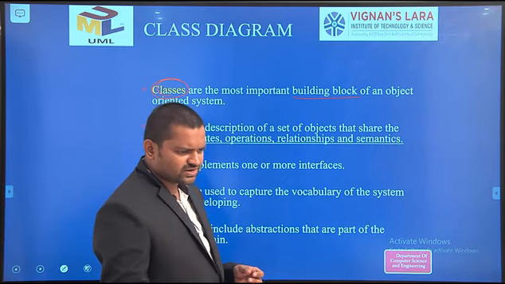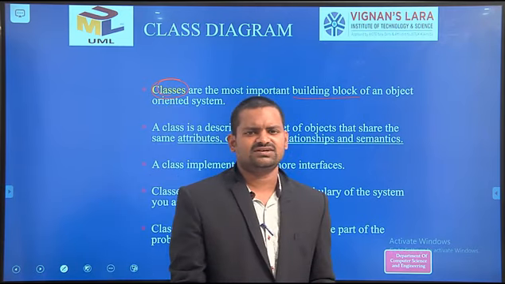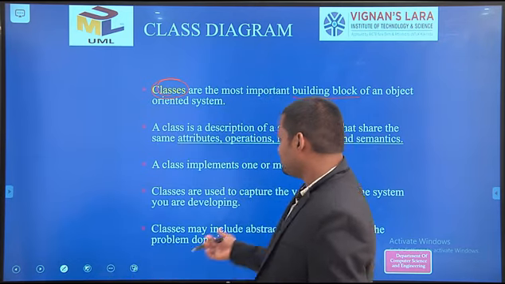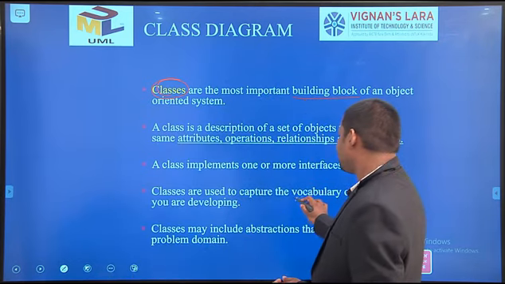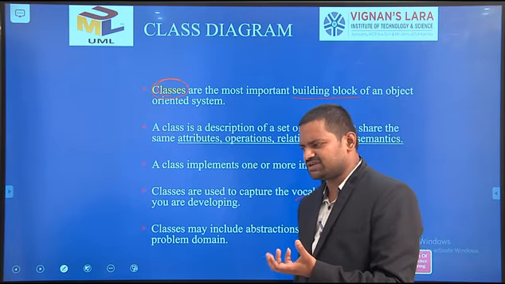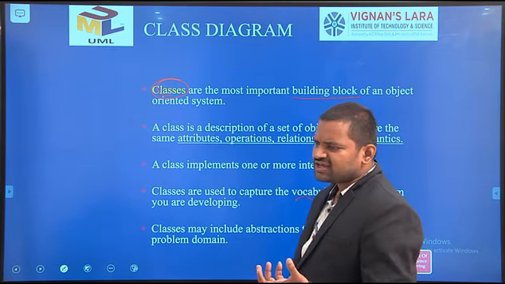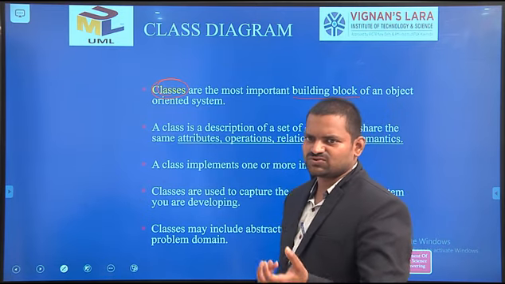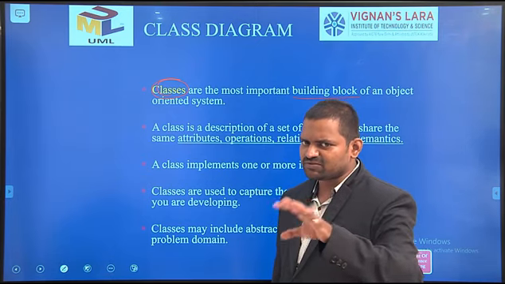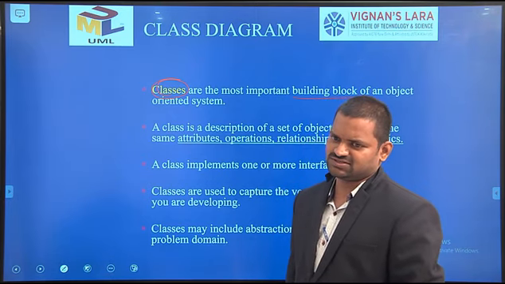Suppose you want to develop airline system software. For that system you will have some vocabulary and documentation. From the documentation you find what kind of classes you have to identify, and you think about what type of objects are available for that particular system.